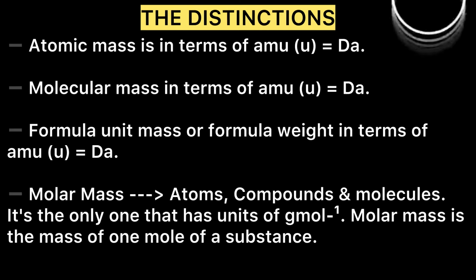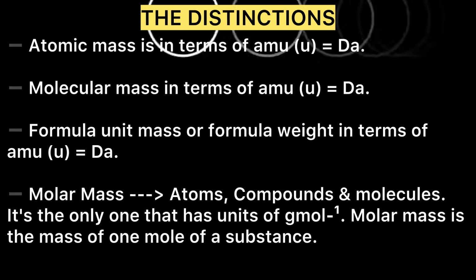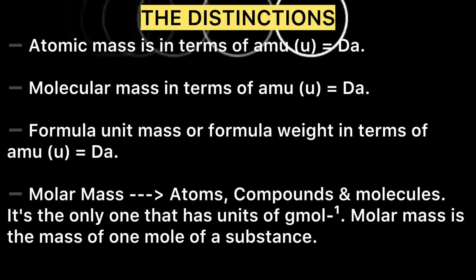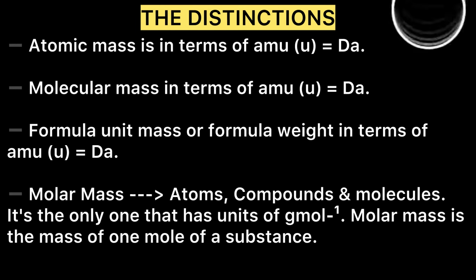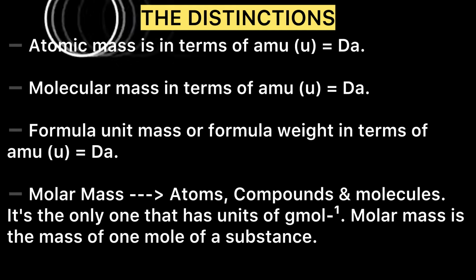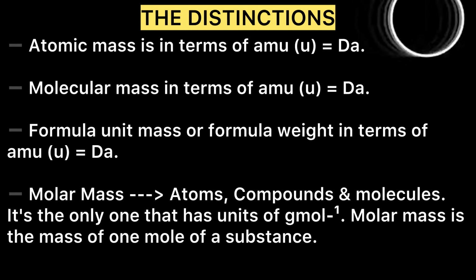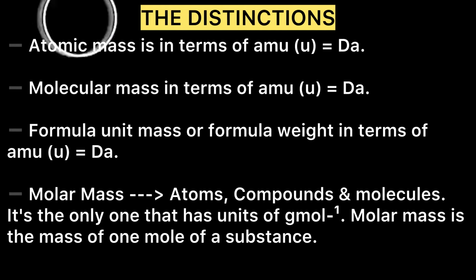Or I cannot say look for the relative molecular mass of sodium chloride. People make this mistake, but it's actually supposed to be relative formula mass or formula mass, because sodium chloride is an ionic compound. But I can say look for the molar mass of sodium chloride. I'm correct because molar mass can encompass all of them.